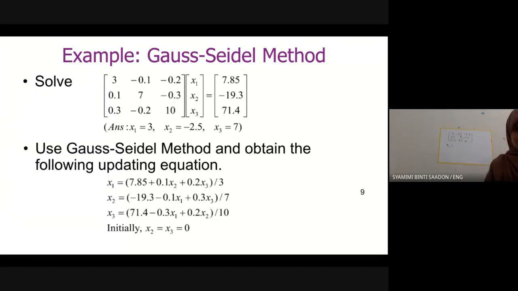We change the equation like the example. Here we use B1, B2, B3 for Gauss-Seidel, x1.